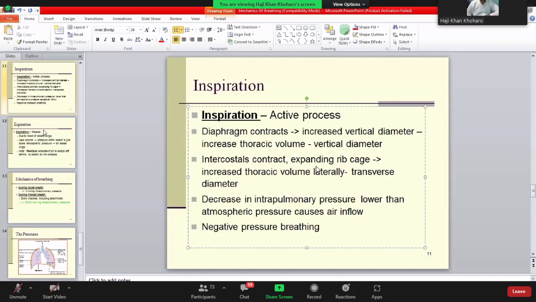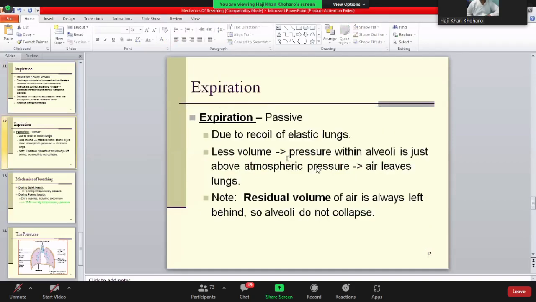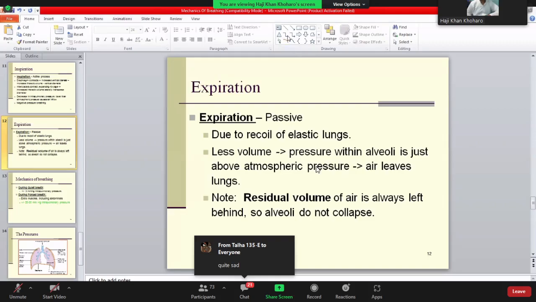What happens during expiration? During expiration, due to elastic recoil of the lungs and a relaxation of the diaphragm and all other muscles of inspiration, as they are relaxed, the pressure in the lung alveoli becomes higher than the atmospheric pressure, and this causes the air to leave the lungs.